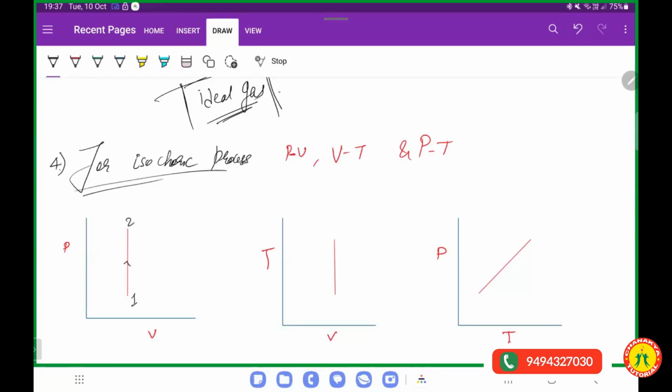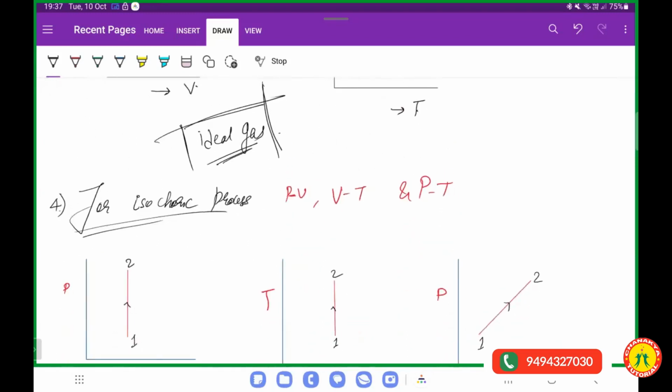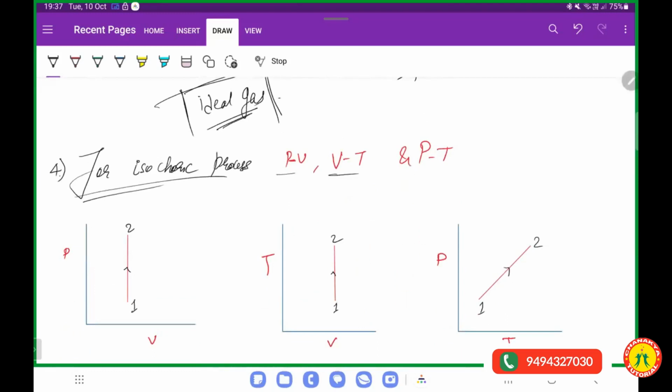One, two. Same, one, two. Same thing what we did here. Similar way we are drawing all the graphs. Yes, I think we can finish all the graphs today.